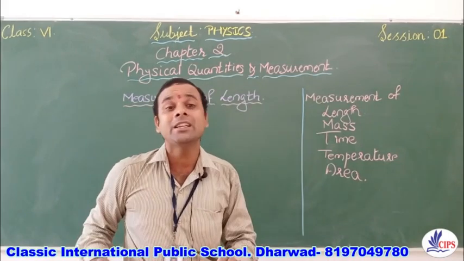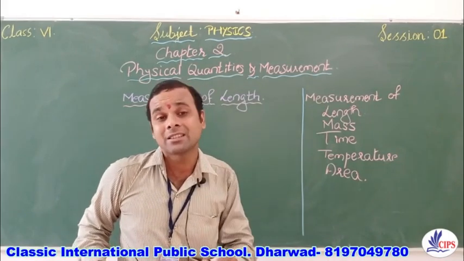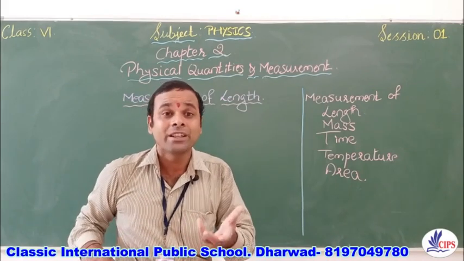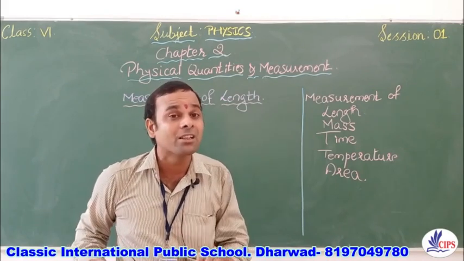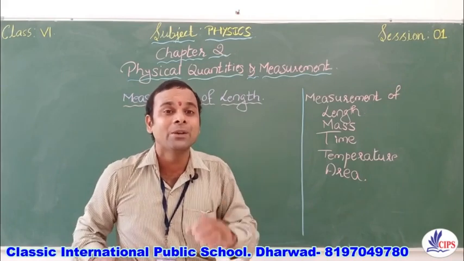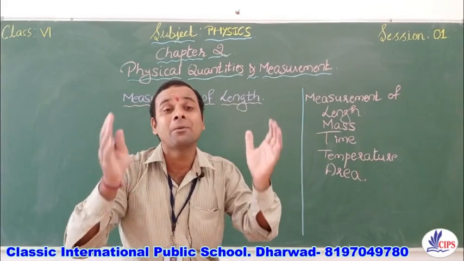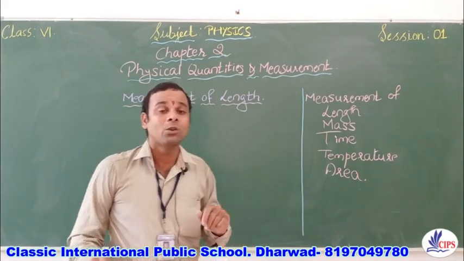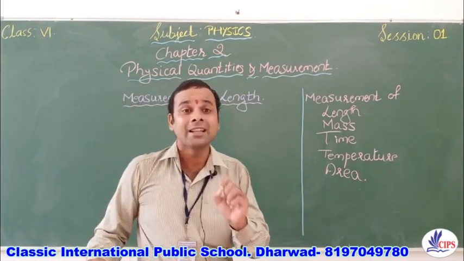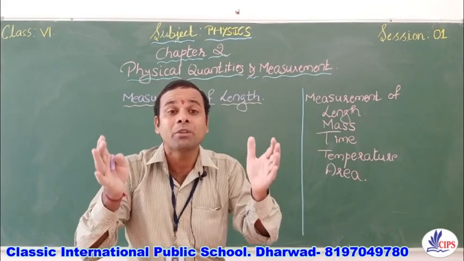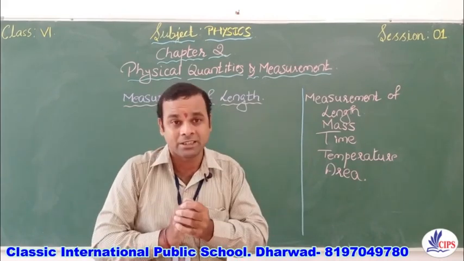So what do you mean by the term length? That is important, right? We need to define that particular term, length. Without defining it, we cannot measure. We must know what this length means, isn't it? Right. So measurement of length is defined as the separation between 2 points in space.